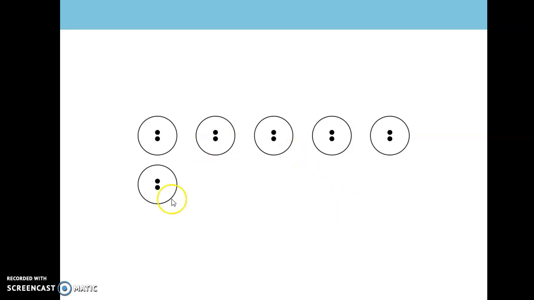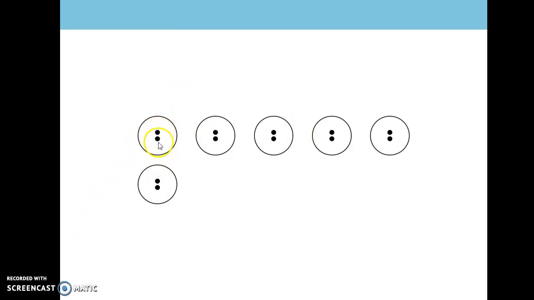What can we see here? We've got some groups here, haven't we? With some arrays in them. So let's have a count of how many groups we've got first. We've got 1, 2, 3, 4, 5, 6 groups. How many have we got in each group? Let's have a look. 1, 2.